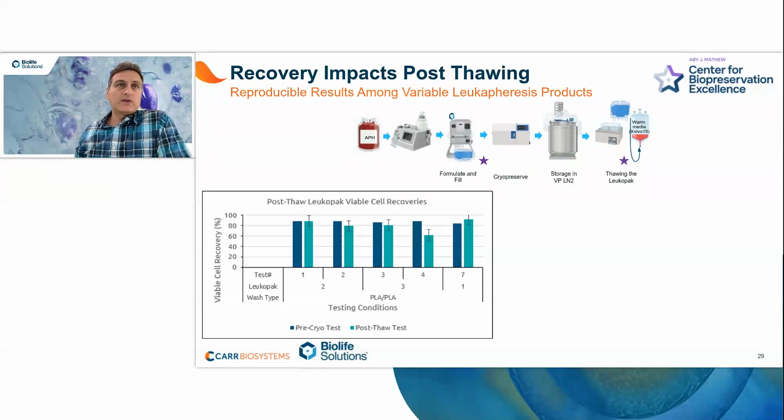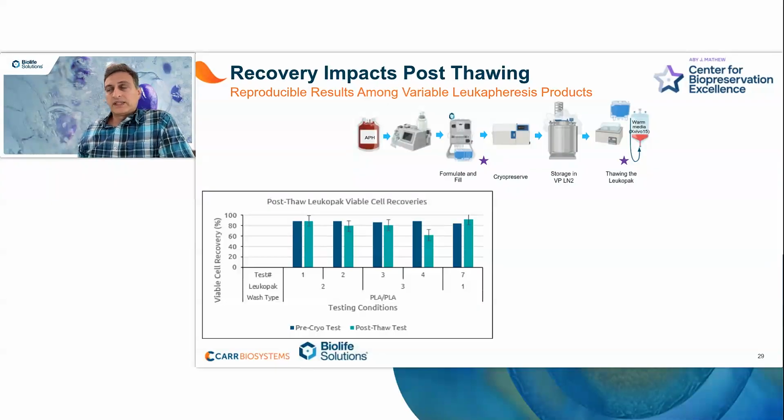And so post-thaw, what you can see is in 4 out of 5 tests, we have really good, highly reproducible viable cell recovery of the total cells in the leukopak. In one of the tests, test 4, we had a significant drop in the number of viable recovered cells.